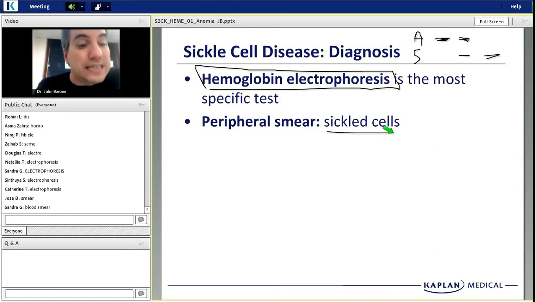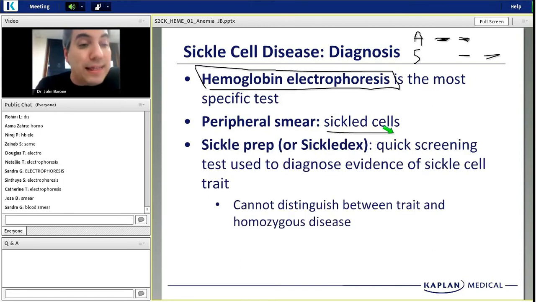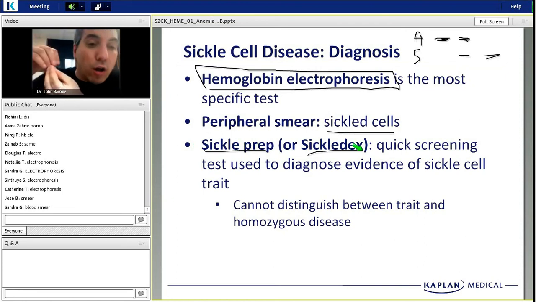Now, if you don't see sickle cells, you can make them by doing a sickle prep, also known as the sickledex test. Here's what we do. We take a drop of blood and we add a chemical called metabisulfite. Metabisulfite will suck the oxygen away. If it sucks the oxygen away, the cells will sickle.